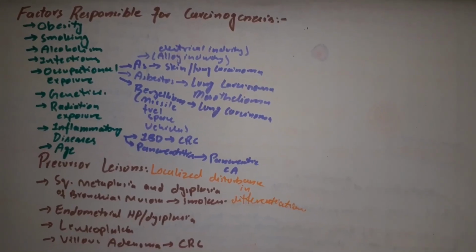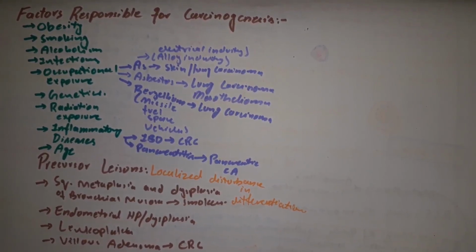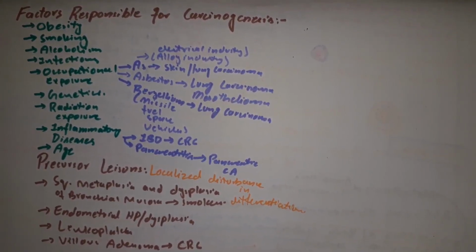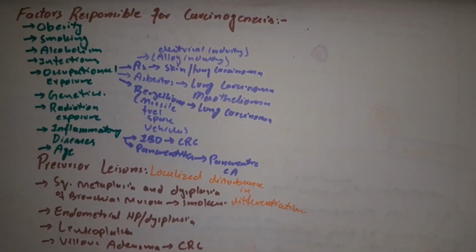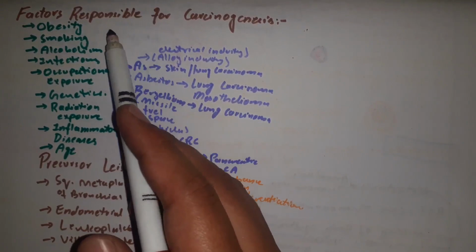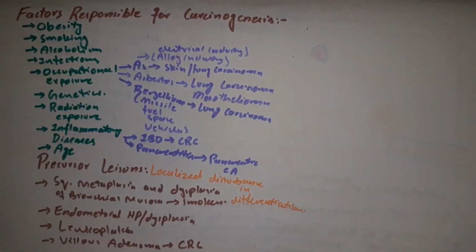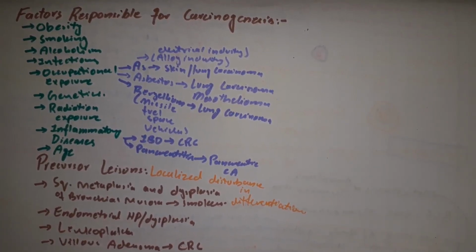In this video, we are going to discuss different factors which are responsible for carcinogenesis, or the development of neoplasm. Different contributing factors include obesity, which is linked to various types of cancers, and smoking, which is the principal cause of lung cancer. Alcoholism is also linked to different kinds of cancer, including hepatic carcinoma and gastric carcinoma.